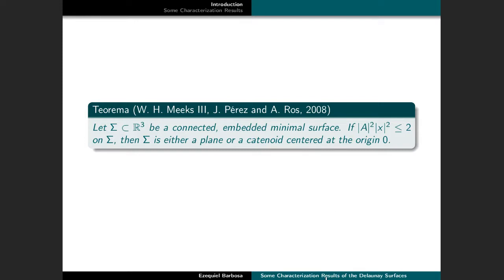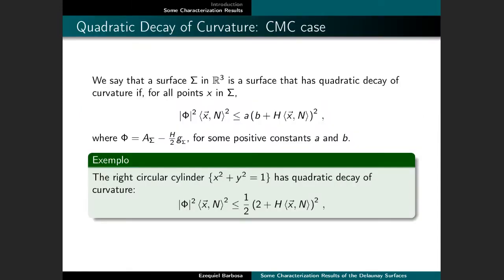And the question is, can we do this for CMC surfaces? Let me extend this concept of quadratic decay of curvature to the CMC surface situation. We will say that a surface in R3 has quadratic decay of curvature if this inequality is satisfied by the surface, where this is the umbilic tensor of the surface, and this is the support function. Actually, you can put here the normal of x, the norm squared of x, and we can say the same.